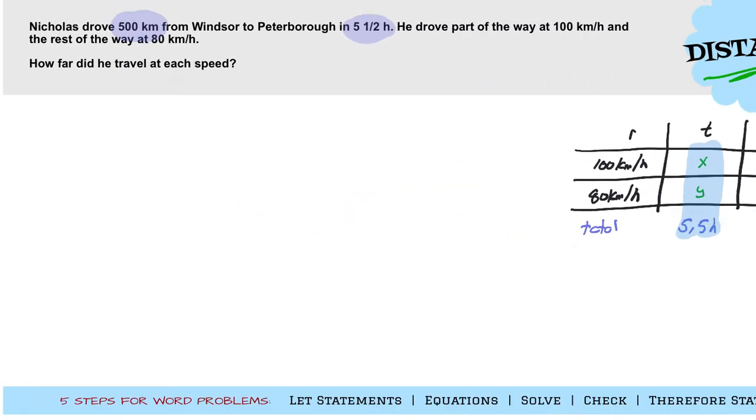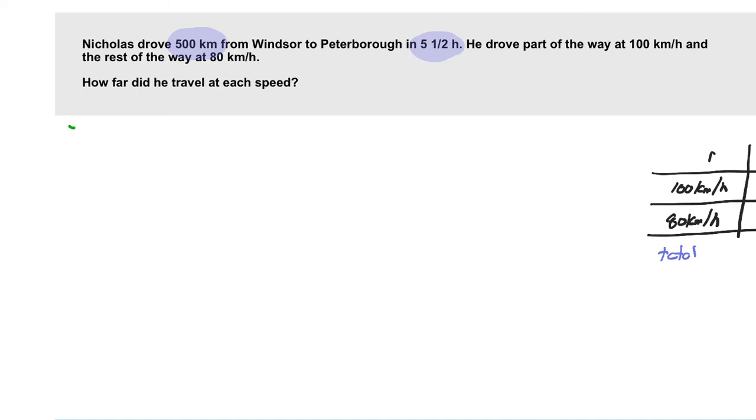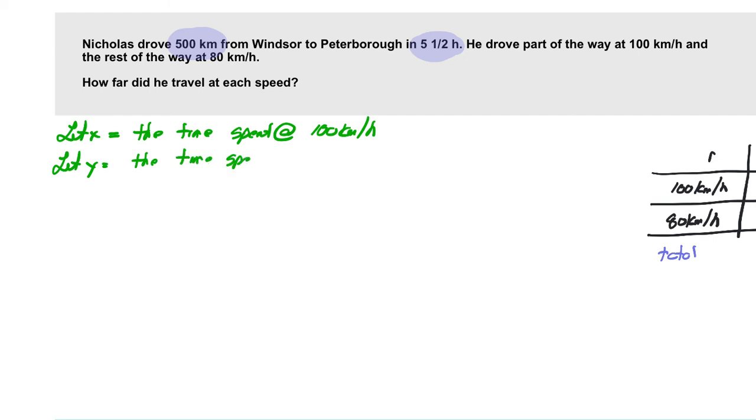So go back and start my process. So let x represent or equal the time spent at 100 kilometers per hour, and let y represent or equal the time spent at 80 kilometers per hour.